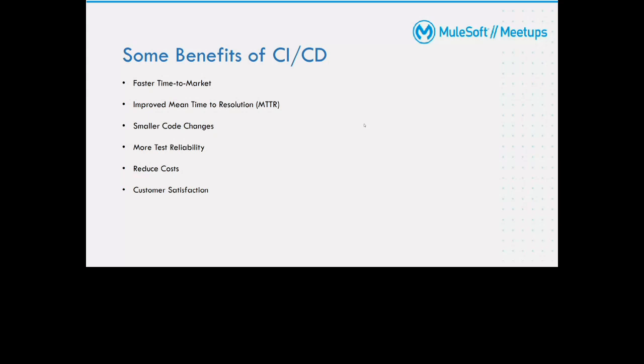Hence, it saves developer time and also improves the return on investment because your code quality is also improved. Developers do not have to look into all these things, which are being taken care of by the CI/CD pipelines. So these are some of the benefits of the CI/CD pipelines. We do have a lot of other benefits. I have covered majorly these major benefits.